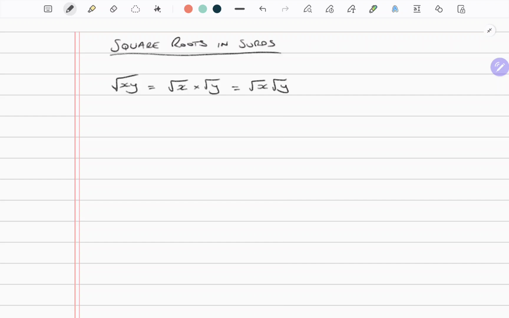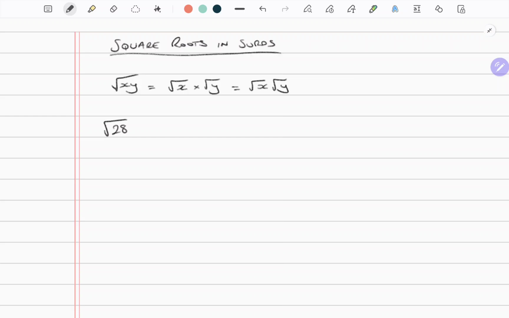So what we'll do in this video is look at a few examples of where we might be able to simplify some of the square roots, some of the surds, because we might have a square root inside a surd. Let me demonstrate what I mean by that. Let's say we have the square root of 28.